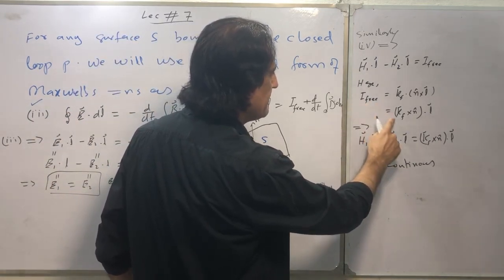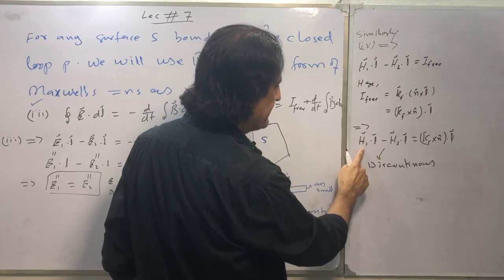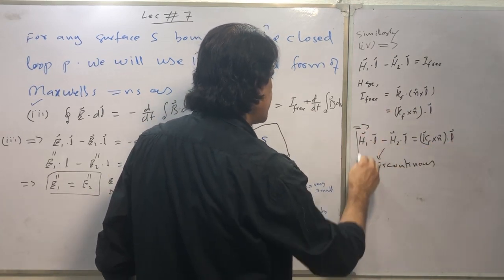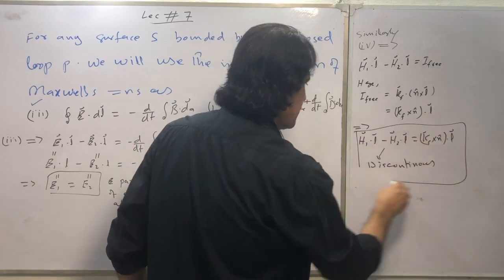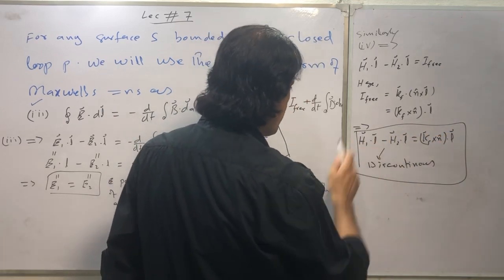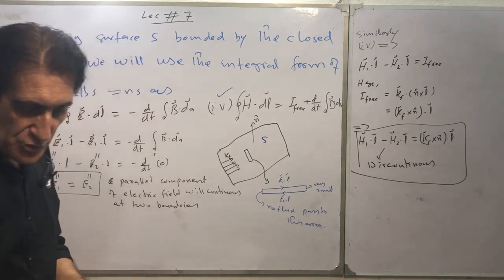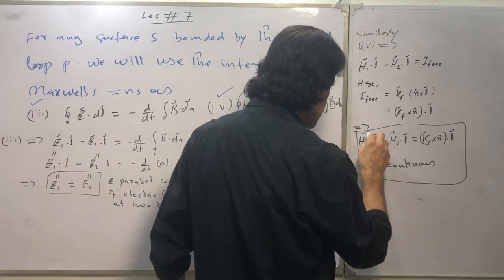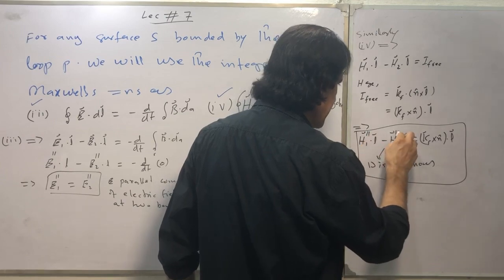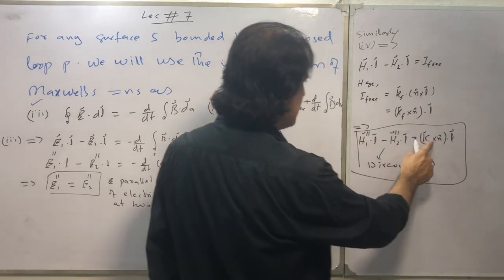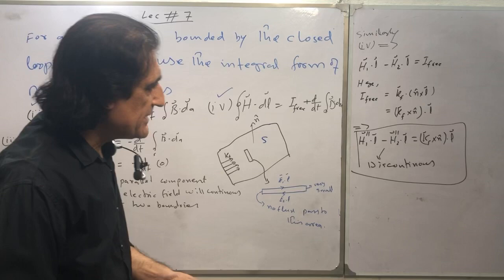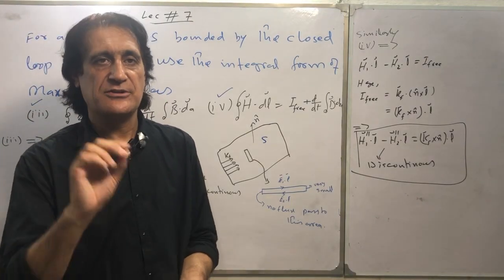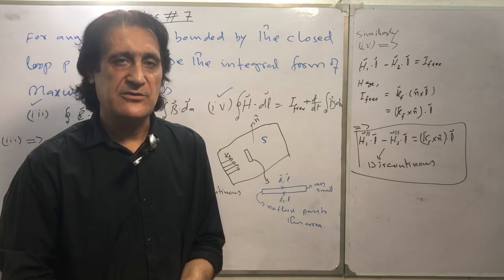If I put in the value of I free, then from this equation H1 parallel minus H2 parallel is not equal to 0. It means that the parallel component of H is discontinuous.